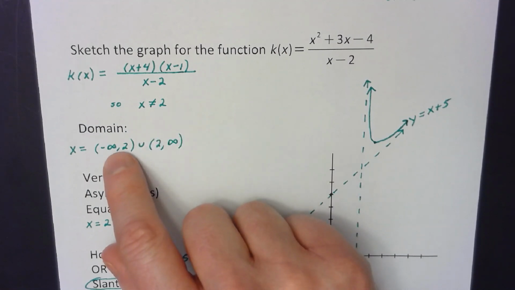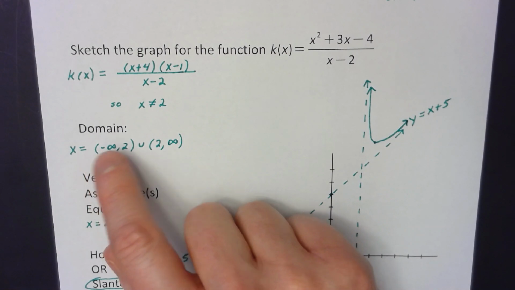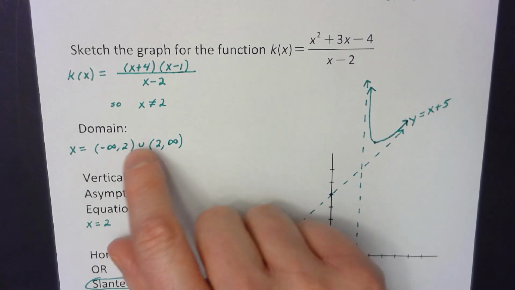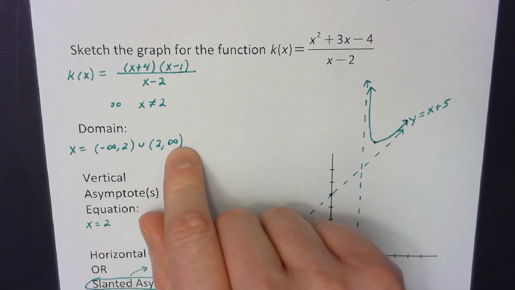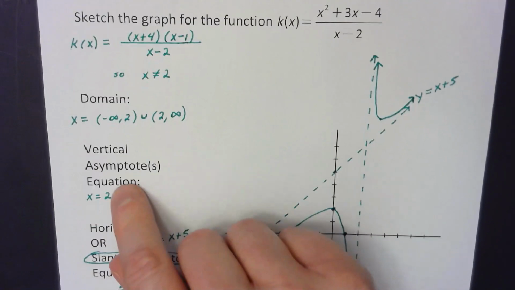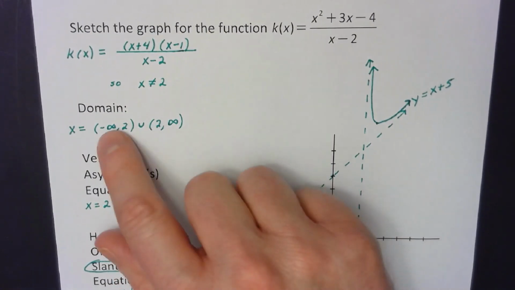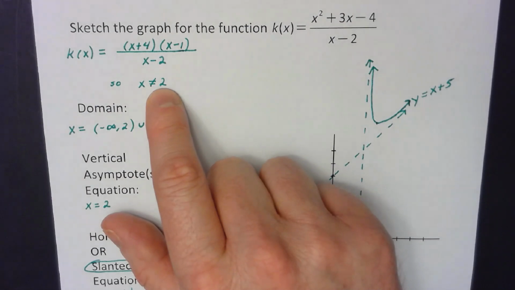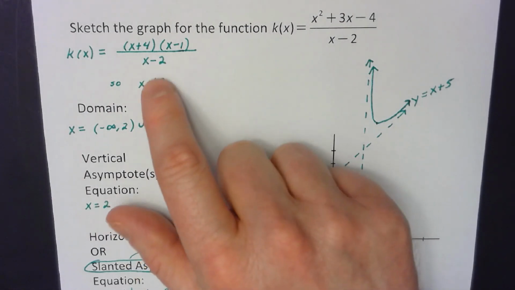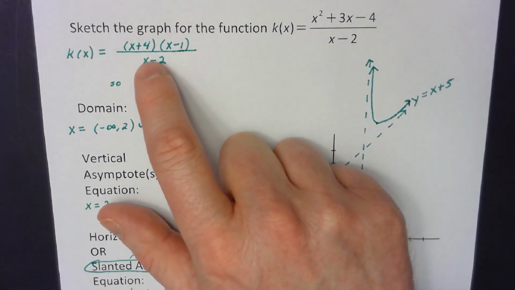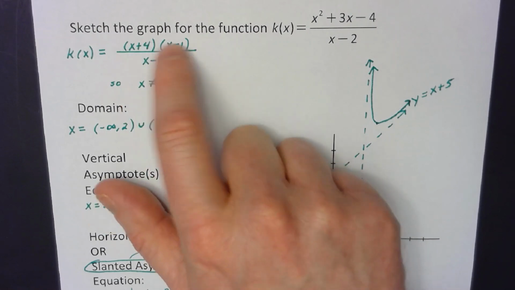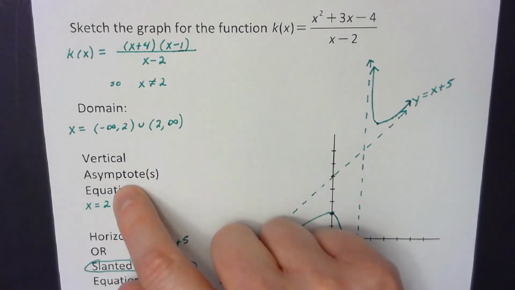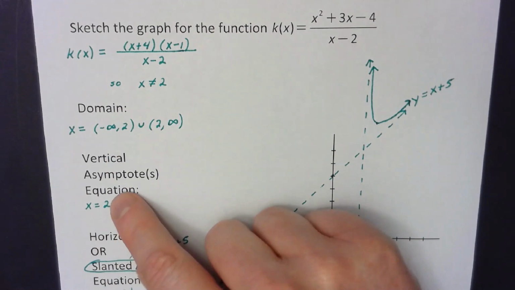So x can be any number from -infinity to 2, and from 2 to infinity. The vertical asymptote will occur at 2, because I'm not just going to have an open circle at 2. It's going to actually be a vertical asymptote because that factor did not cancel with anything in the numerator. Vertical asymptote at the domain restriction.